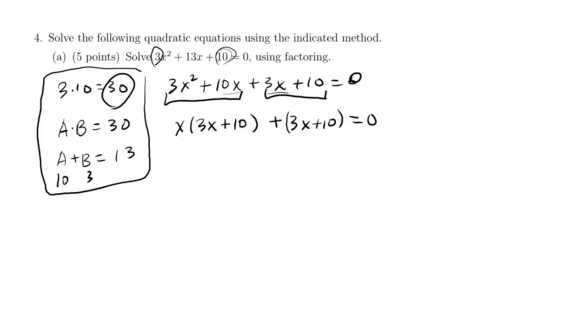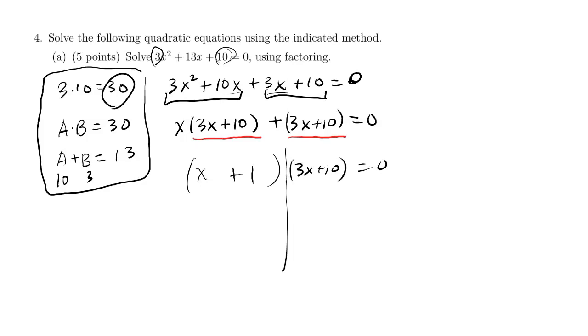Once you have factored by grouping, the resulting formula will have a common factor. You see 3x plus 10 and 3x plus 10, right? So that could also be factored out. You factor out 3x plus 10, what's left here? You have an x left, you have a 1 left, so this is what you get. And then finally, when you have factored it, you have two things multiplied to become 0.